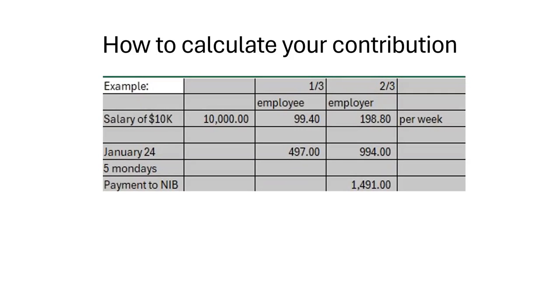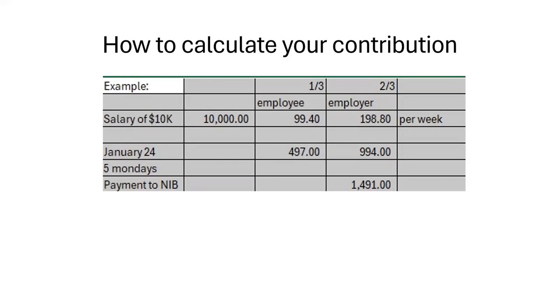So what you're supposed to do is to take this figure, 99.40, multiply it by 5, because there are 5 Mondays for the month of January. That will give you a total of $497. That is what's supposed to be coming out of your salary. Not a cent more, not a cent less.